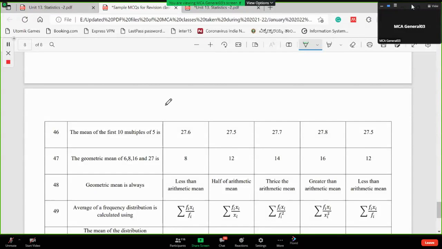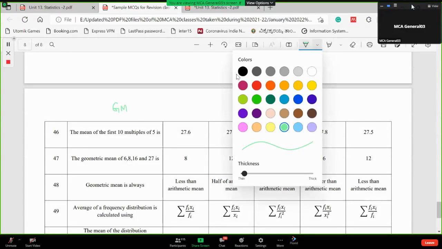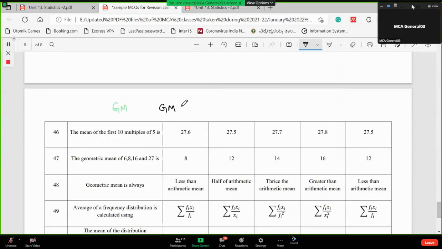Students, what is the geometric mean? If I ask you the geometric mean of two numbers, it is root AB. Geometric mean of three numbers is A into B into C to the power of 1 by 3.